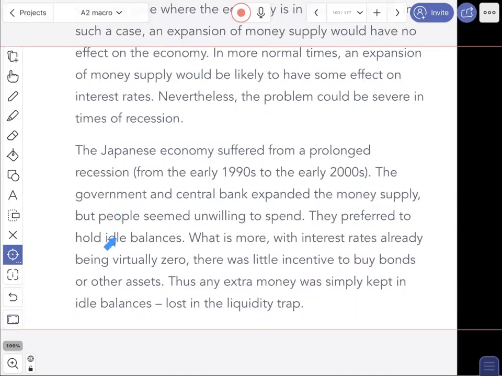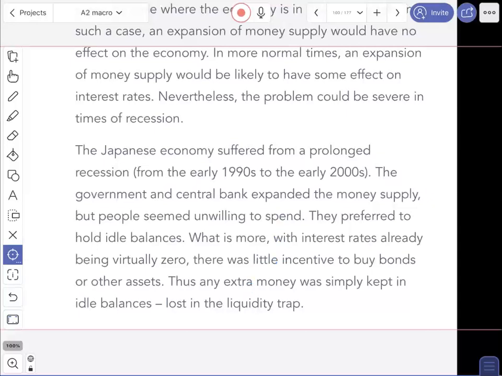They decided to hold these money balances, and the interest rates were almost 0%, and people were still not spending money because they'd be like, the interest rates are so low, they will only go up, which means the price of bonds is so high, it will only go down, which means you are almost at a case where you are not spending at all.